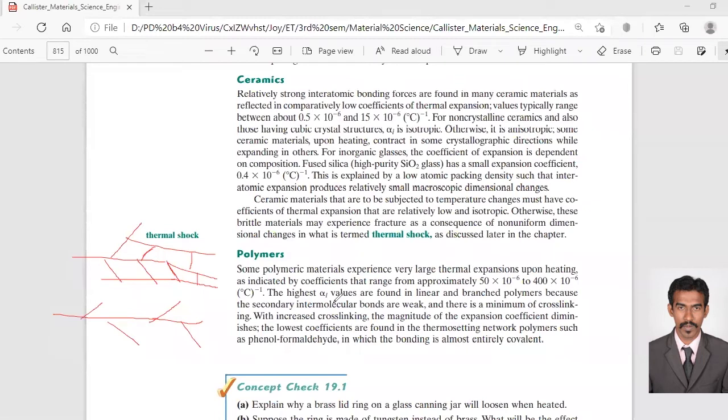So that's why it's mentioned that high alpha L values are found in linear and branched polymers. With an increase of cross-linking, the magnitude of the expansion coefficient diminishes. Diminishes means reduces.